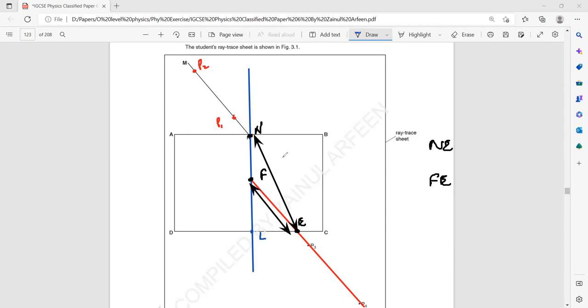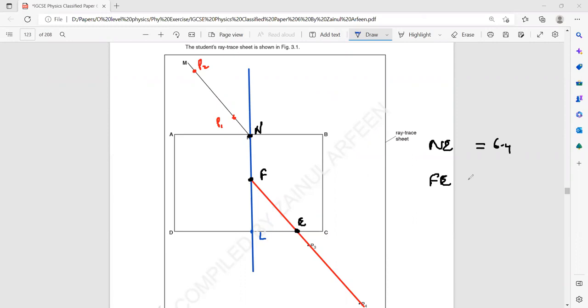N to E, what is the length? Measure from N to E, then your 6.3 or 6.4 will be there. And the other length, can you say the length for F to E? N to E, most of the students got 6.4. So we'll write 6.4 or 6.3.